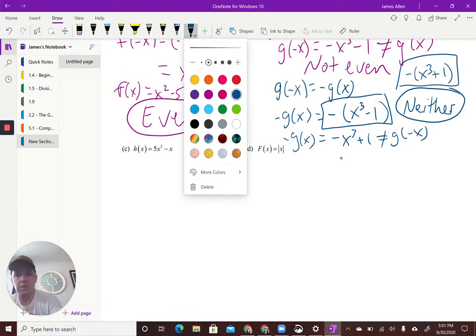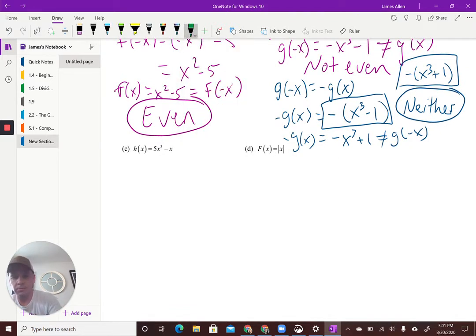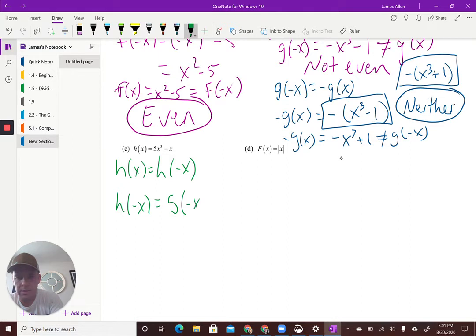I'm going to go with green. So let's see here. First, we'll test to see if it's even, meaning does h of x equal h of negative x? Okay, so if I do h of negative x, and I pop in a negative x here, I substitute that in, and then I substitute in a negative here.